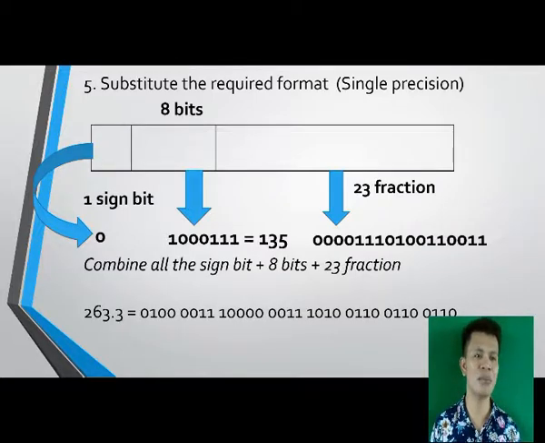Combine the sign bit plus the 8 bits plus the 23 fraction bits. The result is 010000110011101011001110. In this case, we divide it into groups of 4 to get the whole conversion of 263.3 into binary. That is the example in single precision.